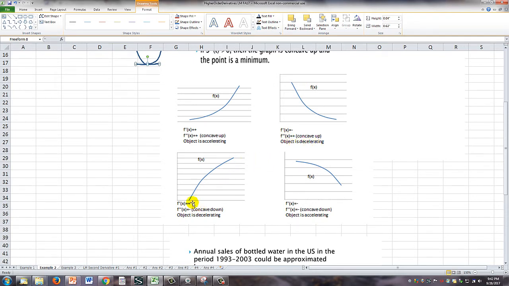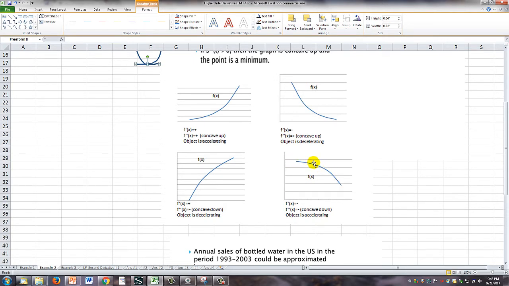Look at the third graph. You're an increasing function, and your first derivative is positive. I have a bunch of positive tangent lines, but it's concave down because your second derivative is negative. You can see it's bent down. So what's going on is you're increasing at a decreasing rate, and so you have opposite signs again, concave down this time, and the object is decelerating. And then the last one, your function's going down.